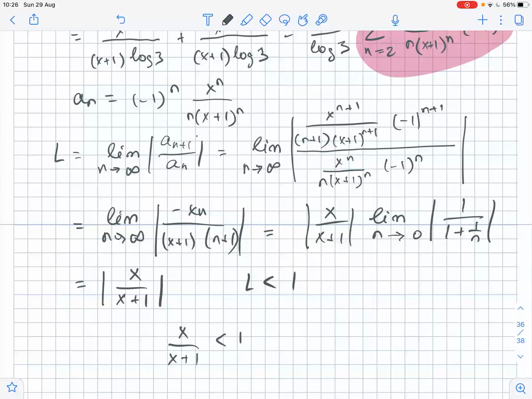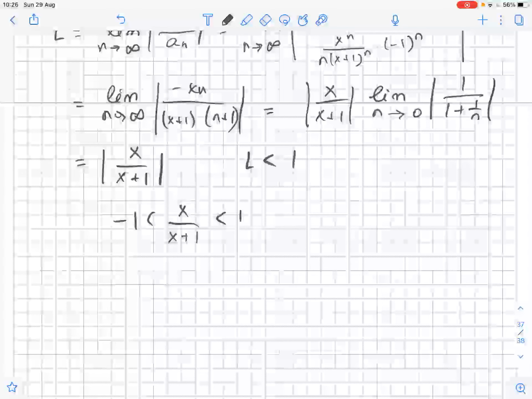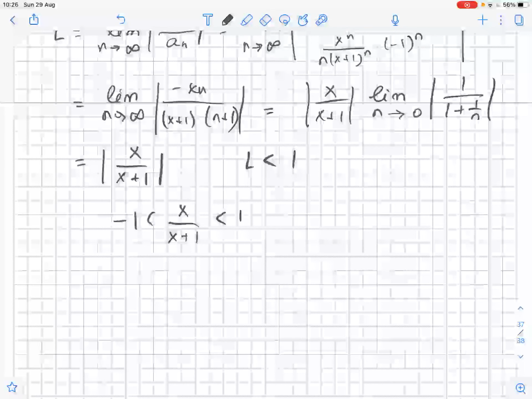So that means that x over x plus 1 is less than 1 but bigger than negative 1.